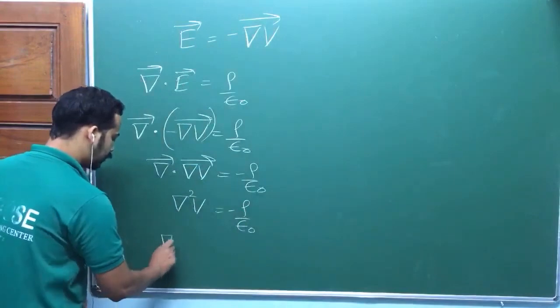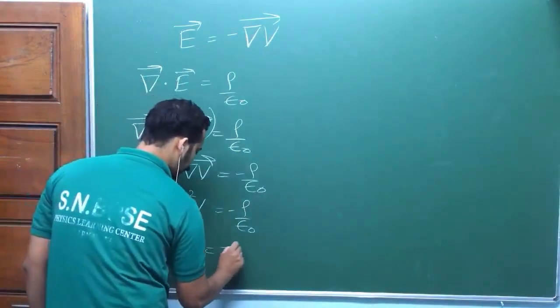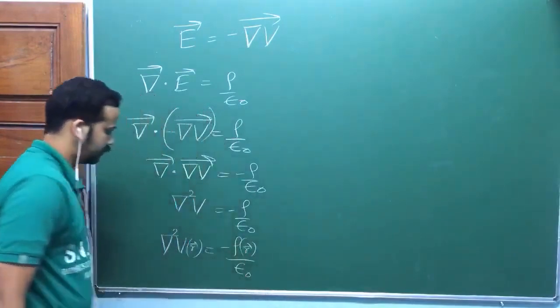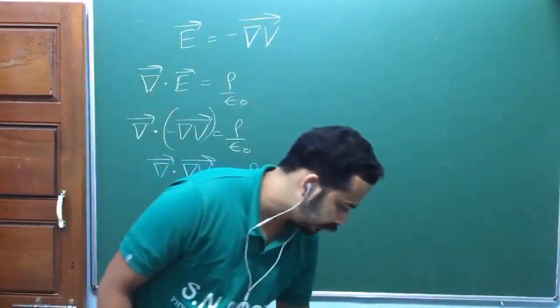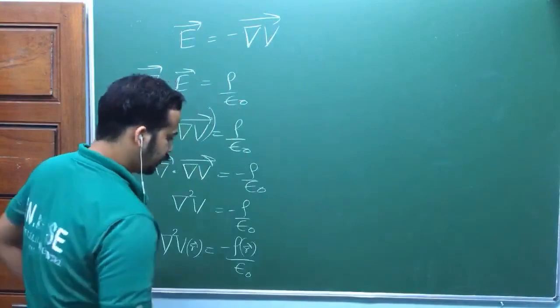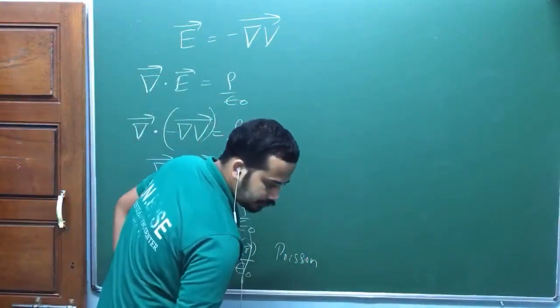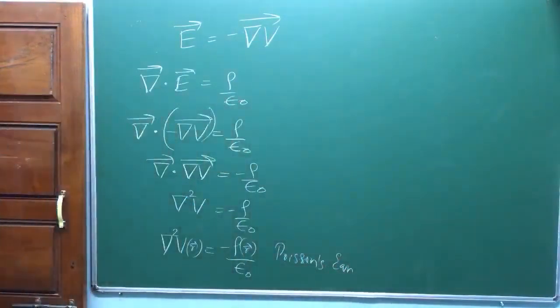That means del square of V of r is equal to minus rho of r divided by epsilon naught. We call this the Poisson equation. This is the famous Poisson's equation.